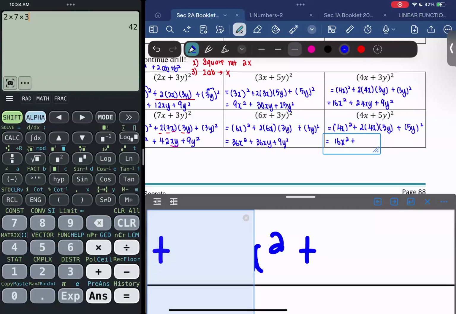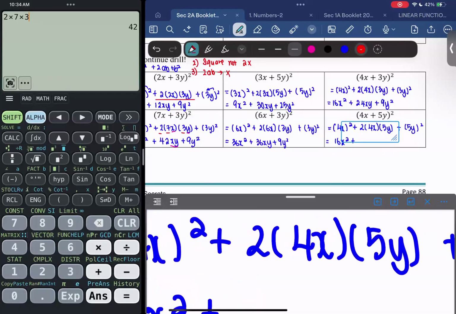You haven't even told me the middle part. So for the middle part, remember I said all the numbers are types, right? So you just key into your calculator. You see 2, 4, and 5, so 2 times 4 times 5 on the calculator. Do you understand this part? So you see all the numbers, you can key into the calculator.